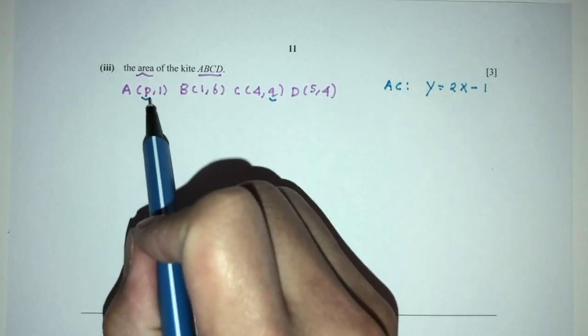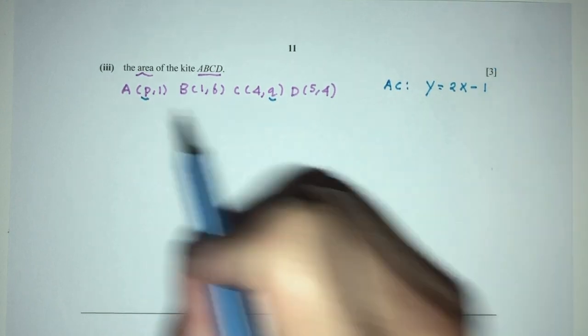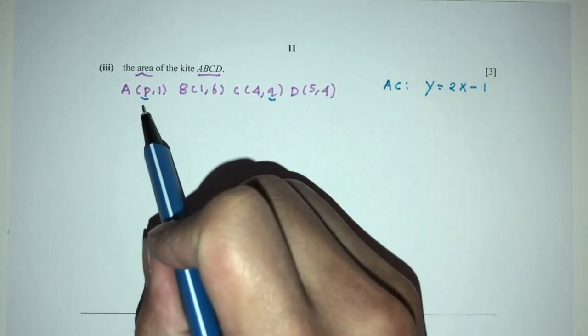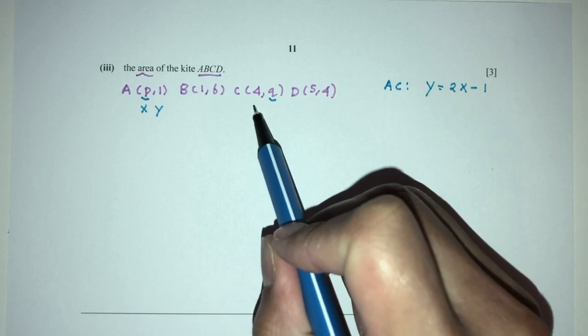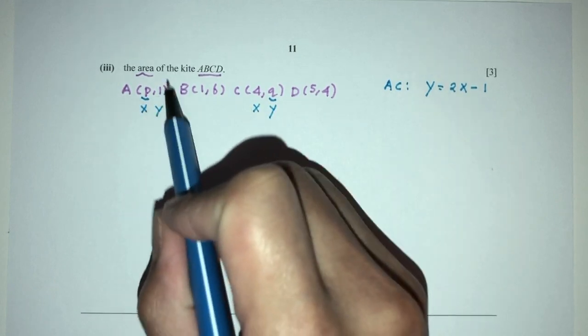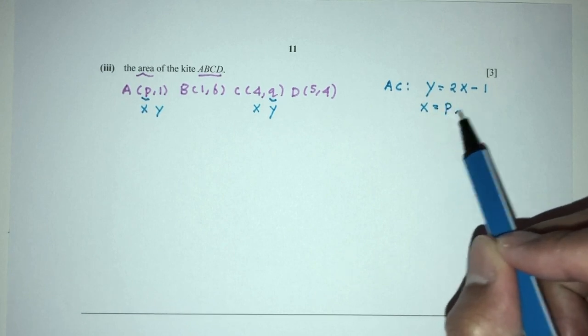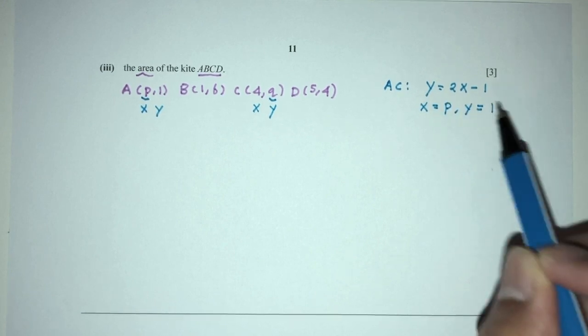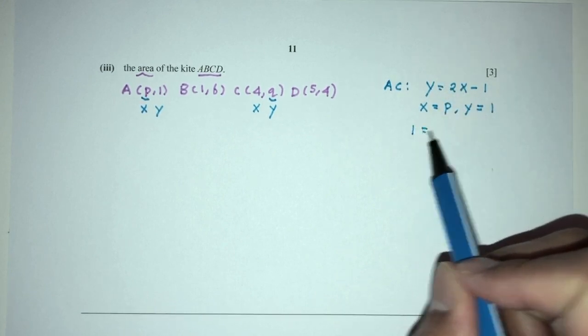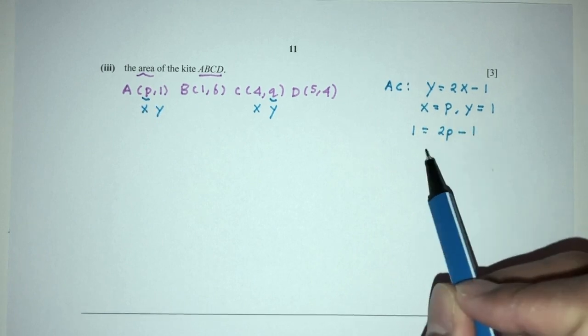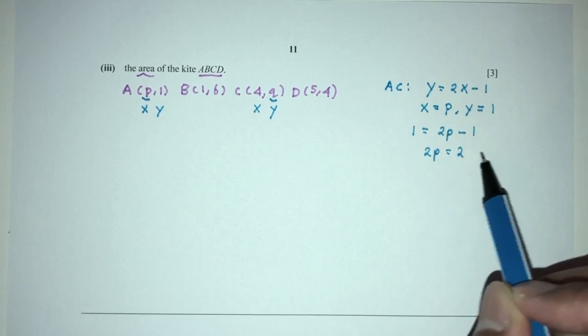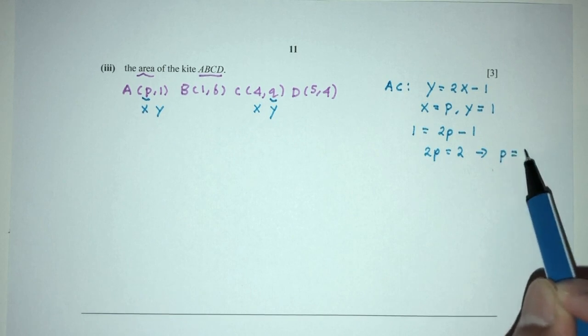So let's find the value of P and Q. For this one, this is the x value and the y value. So let's look at this one first. When x is equal to P, y is equal to 1. Replace, you will have 1 equals 2 times P minus 1. 2P is 2, leading to P has to be 1.